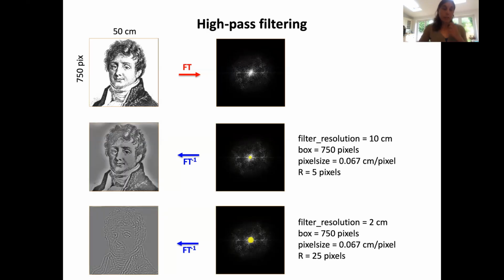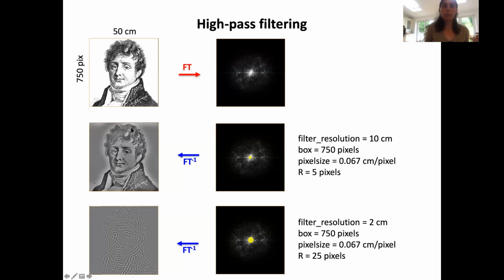Okay, high pass filtering. I'll skip how we calculate the radius, it is the same as before. Let's look at this sort of extreme example down here where we have eliminated all of the sine components of this image function that oscillate slower than 2 centimeters this time. So now you can see that we can see all of the very fine details, but we lost the overall black and white oscillations.